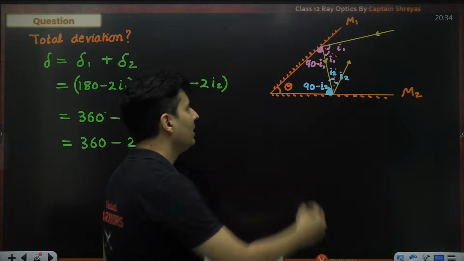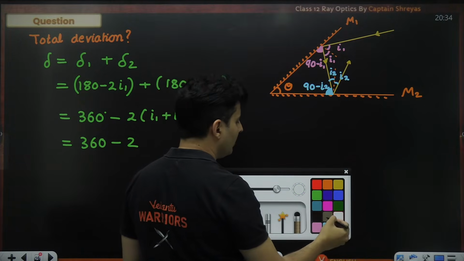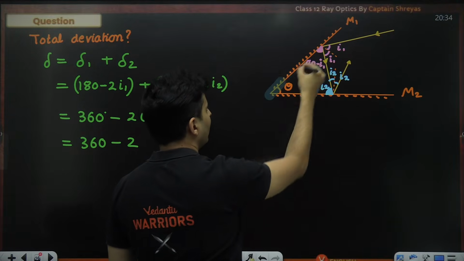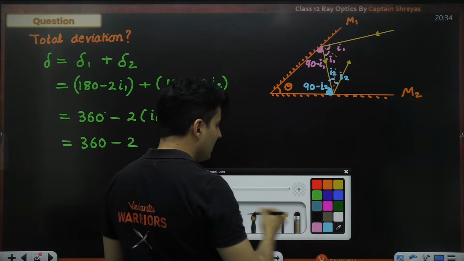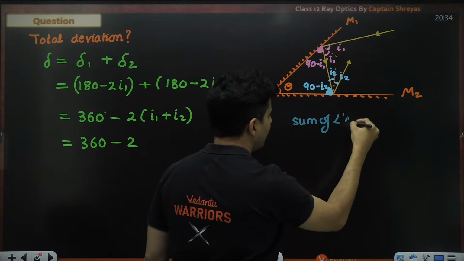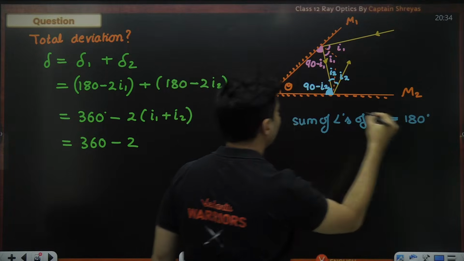And how do I do that? Look at this beautiful triangle right over here. In that particular triangle, can I say the sum of angles of a triangle is 180 degrees?